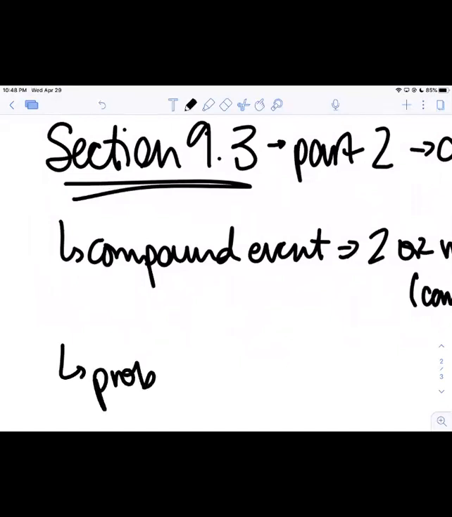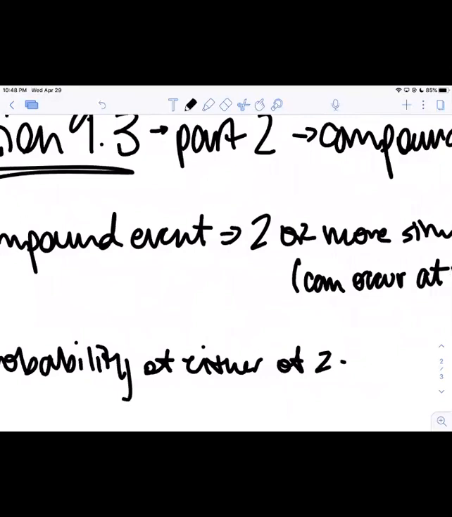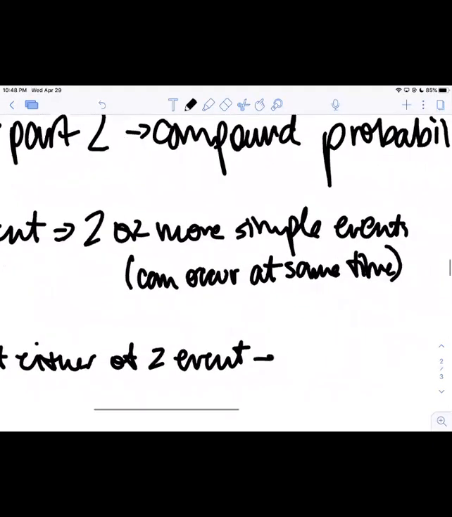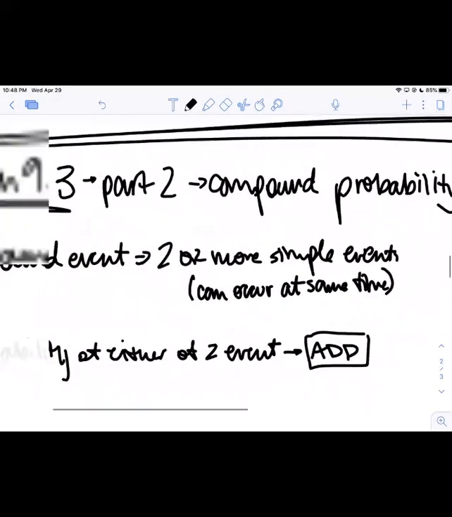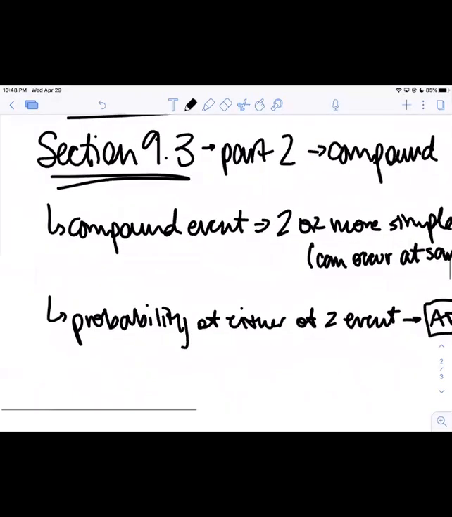So the probability of either of two events happening, which means it's a success. In order to find this probability, we are going to add the two probabilities. So that's going to be important in a second when I tell you another type of probability. So this one is where we add them.